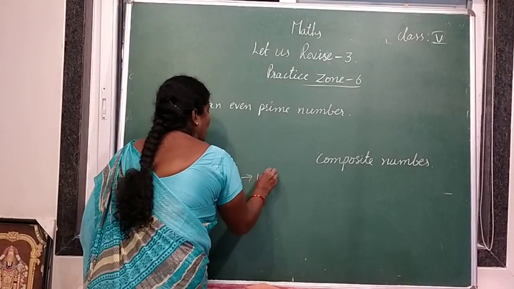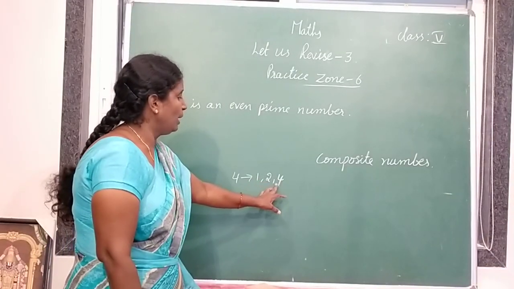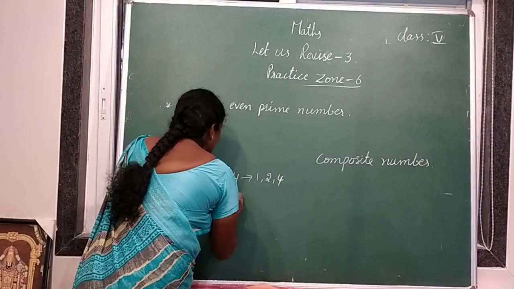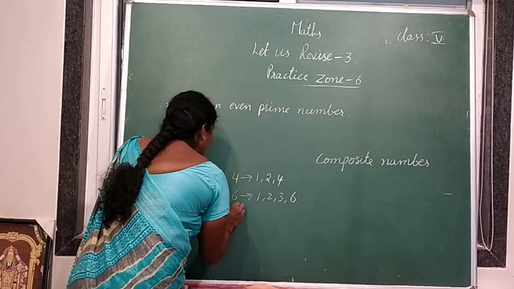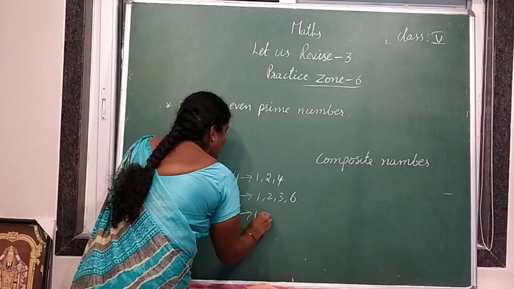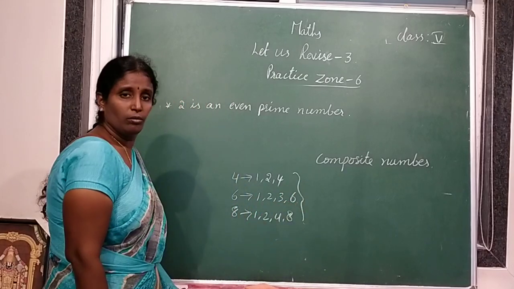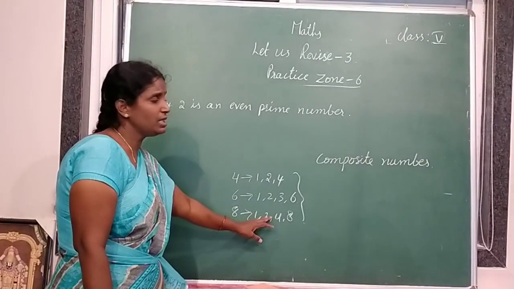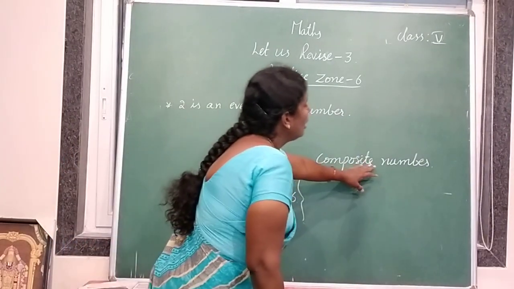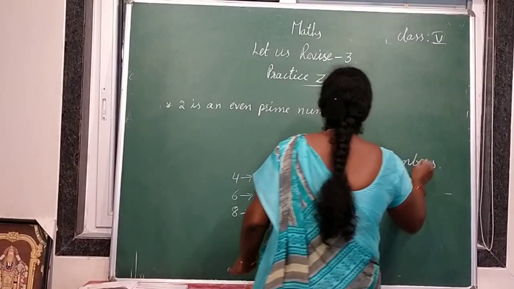It is divisible by 1, 2 and 4. Next 6: 1, 2, 3, 6. 8: 1, 2, 4 and 8. So these numbers are divisible by more than 2 numbers. These numbers are called composite numbers.